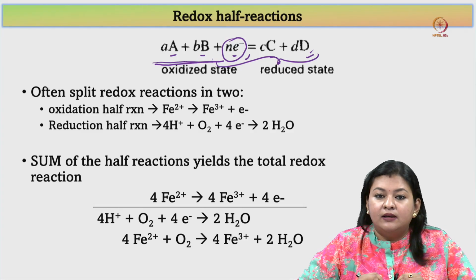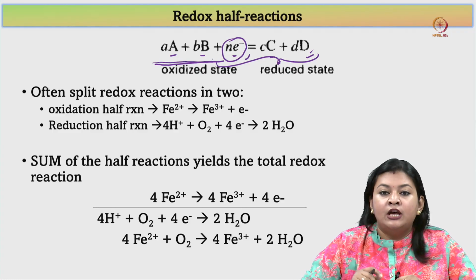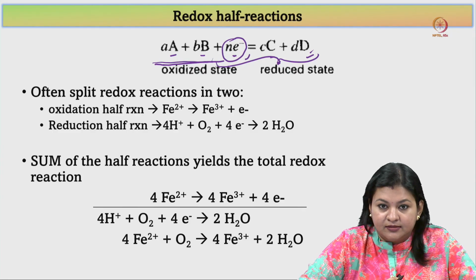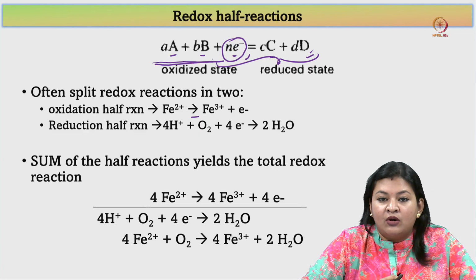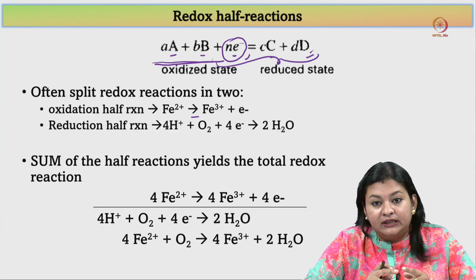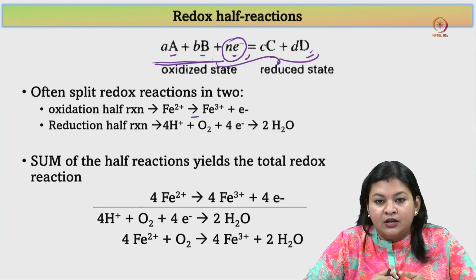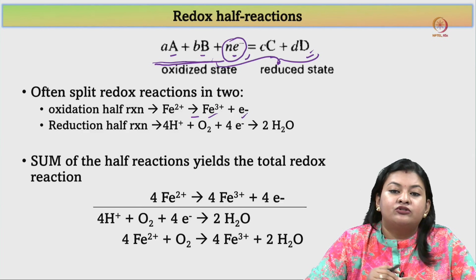For example, let us take the simple iron example. Fe2 plus can easily give out one electron and get more oxidized to Fe3 plus.